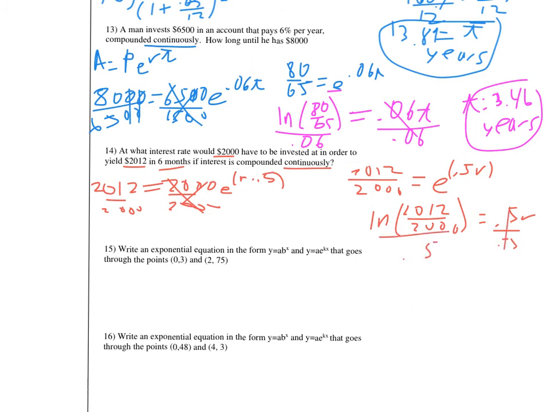All right. And I get that r equals 0.01196, which I'm going to convert to a percent and say 1.196%.